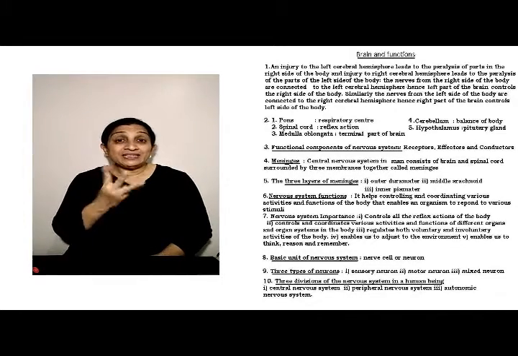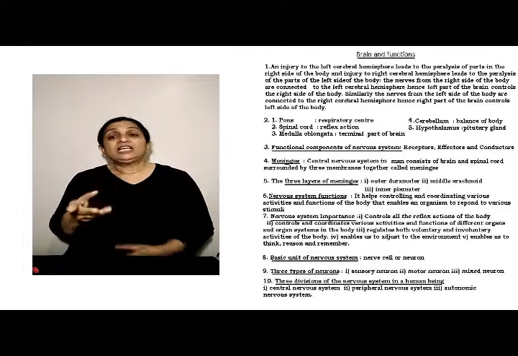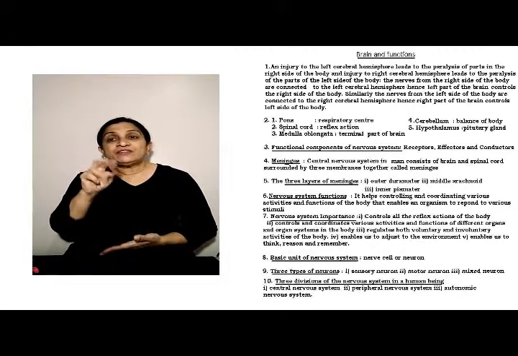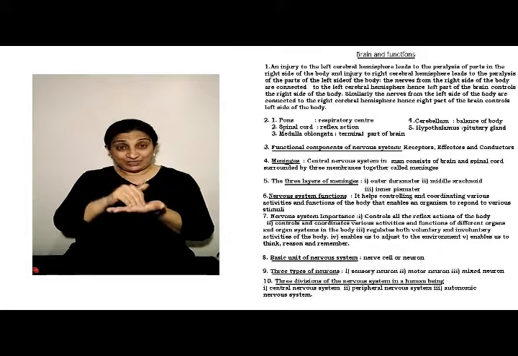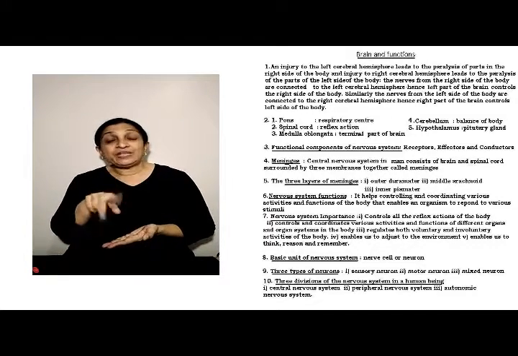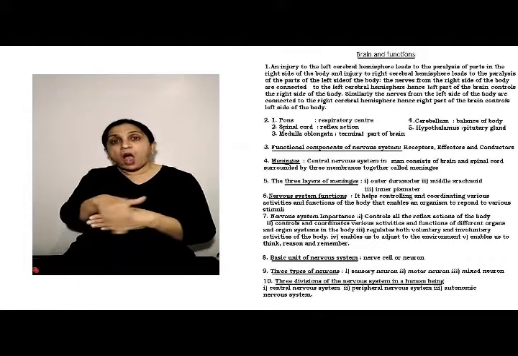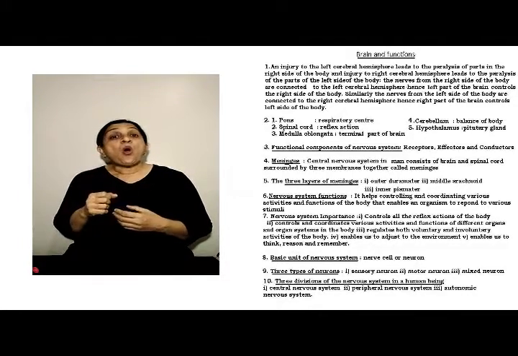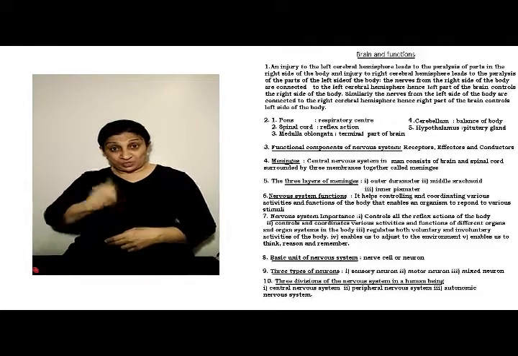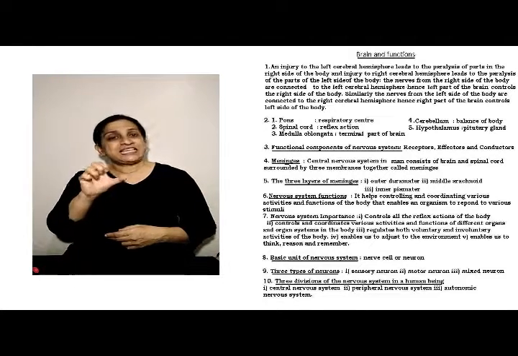Then you have three divisions of the nervous system in a human being. That is the central nervous system, then the peripheral nervous system, then the autonomous nervous system.